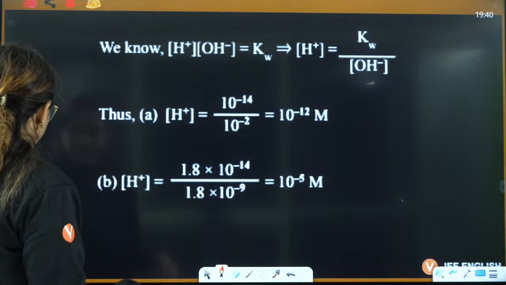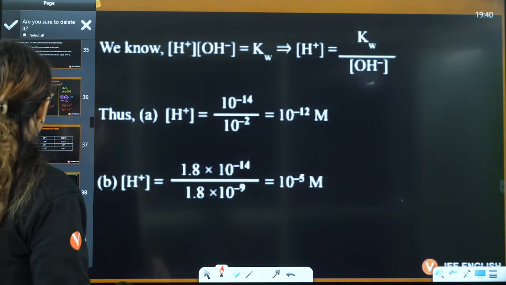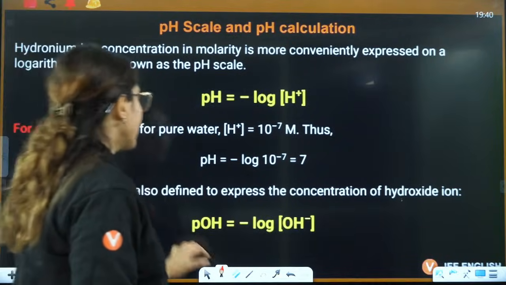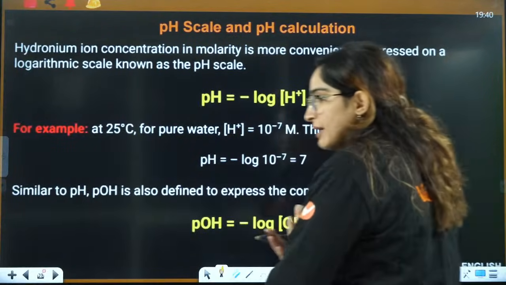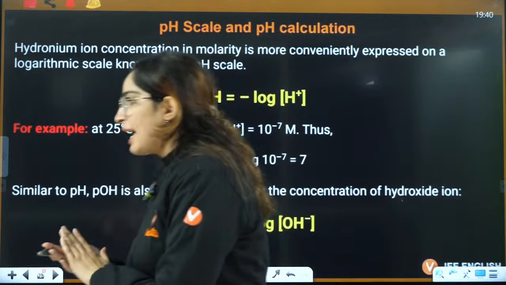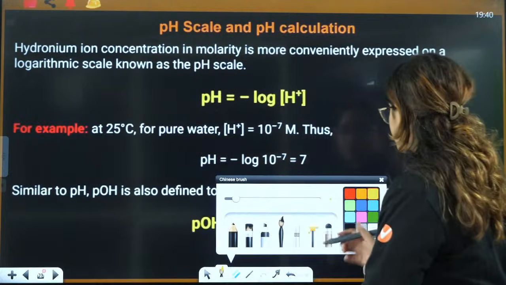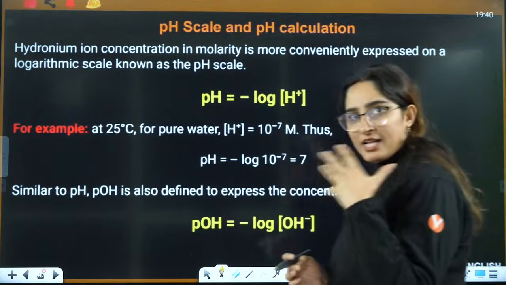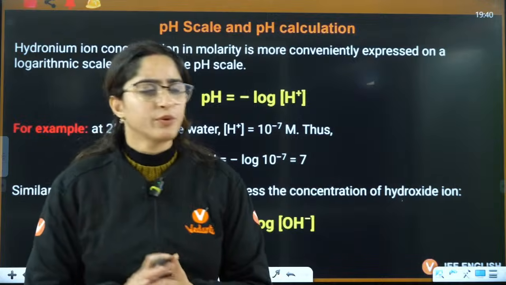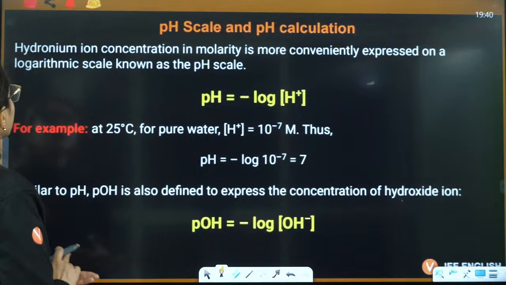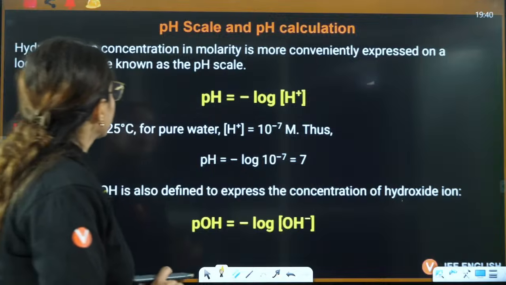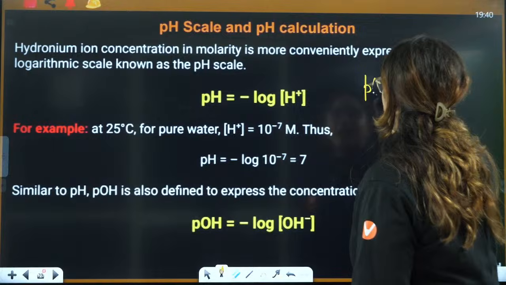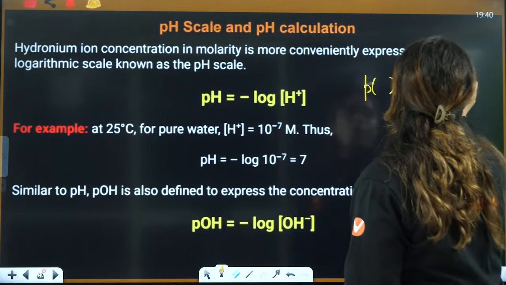So that we have done already. So next thing is going to be what? pH scale and pH calculations. Now let's talk about pH scale and pH calculations here. Till now you have understood that H positive into OH negative is Kw, right? Kw will vary with temperature. So for the hydronium ion concentration, P of anything is equal to minus log of that anything.